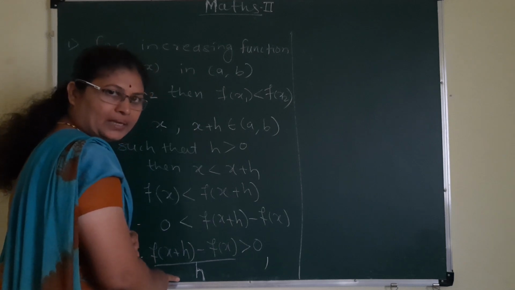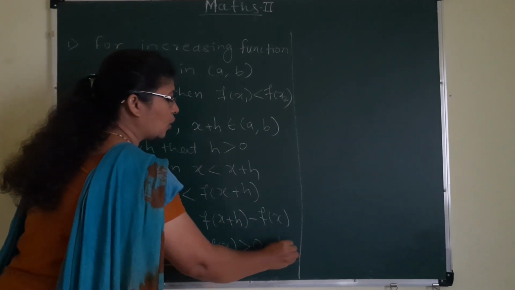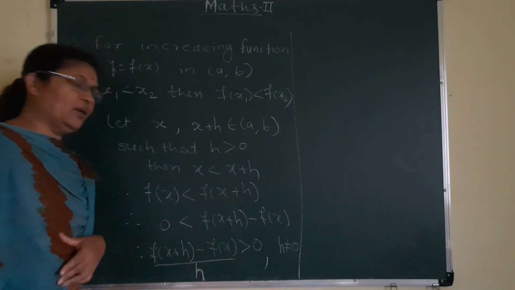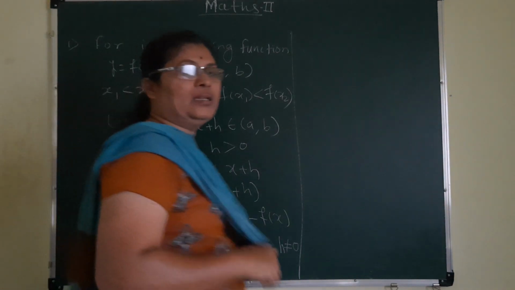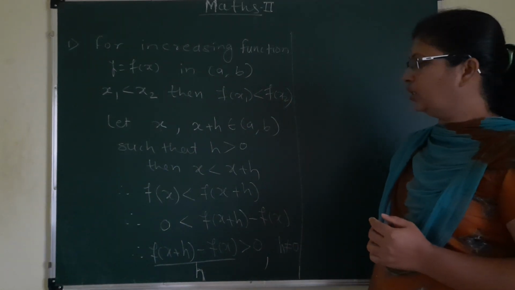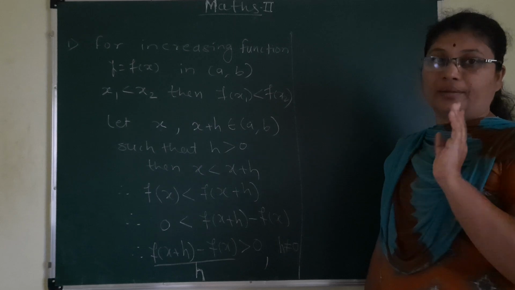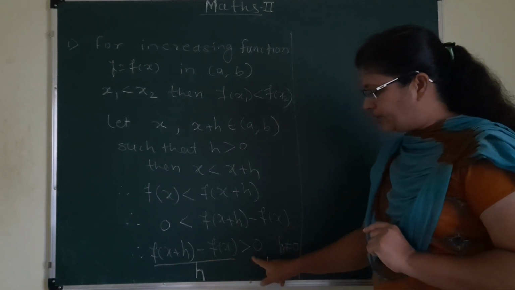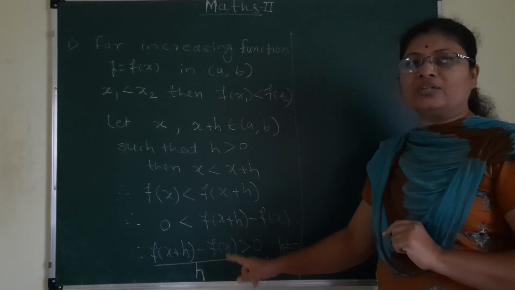So I have divided on both sides. Now I will take the limit as h tends to 0. Remember, we have learned that limit chapter. So I will take the limit on both sides of this inequality as h tends to 0.